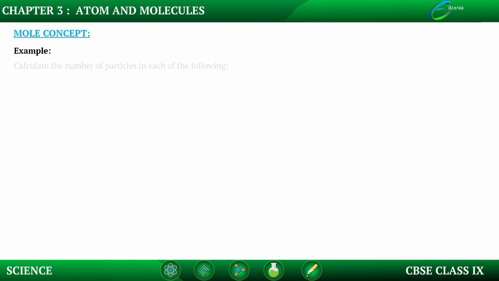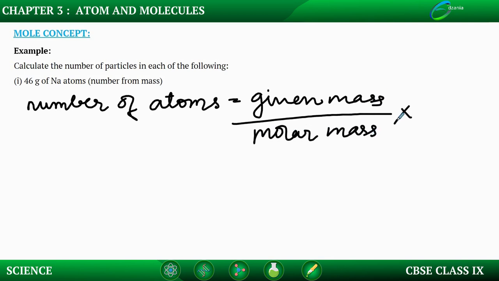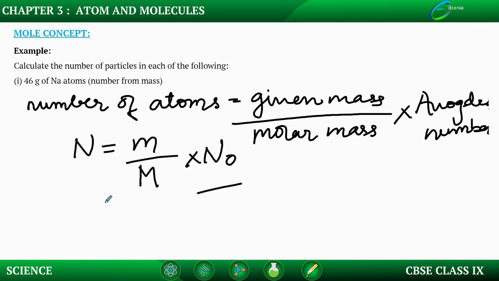Next, we need to calculate the number of particles in each of the following. In 46 grams of sodium atom, we need to find how many particles will be present. The formula for the number of atoms is given mass upon molar mass into Avogadro's number. In short, capital N is equal to small m upon capital M into N0. So this is the formula that we'll be using.